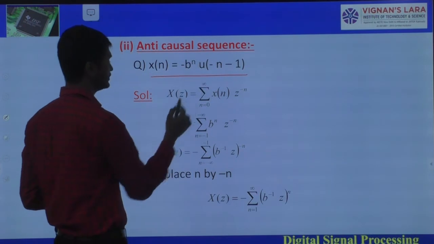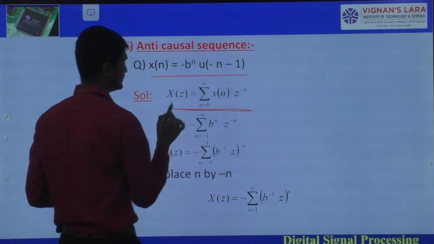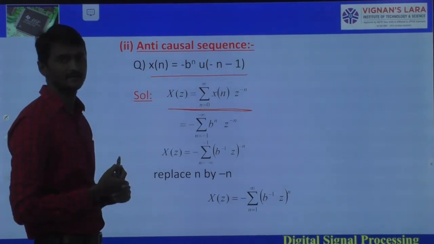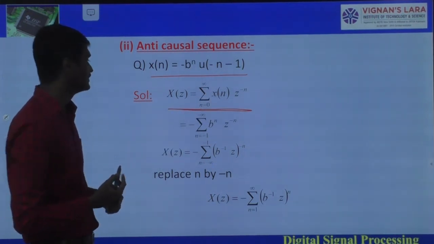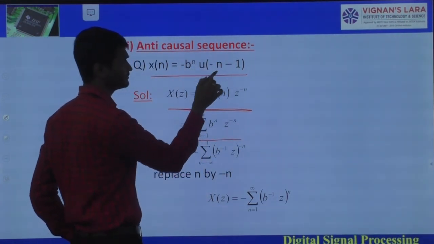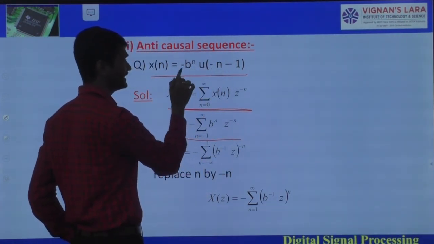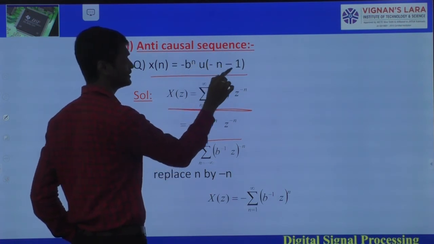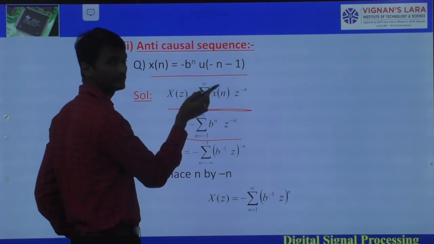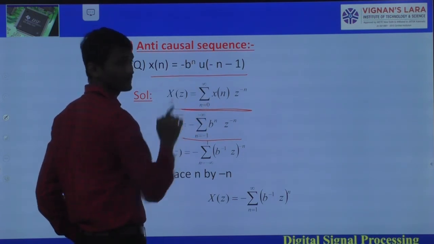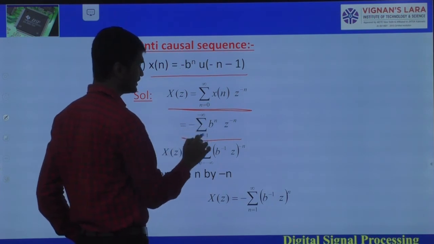From that we know the Z transform expression X of z equals sigma x of n z power minus n. So x of n is minus b power n u of minus n minus 1, which is 1 for minus infinity to minus 1, so it is minus 1 into b power n, that is minus sigma n equals minus infinity to minus 1 of b power n z power minus n.